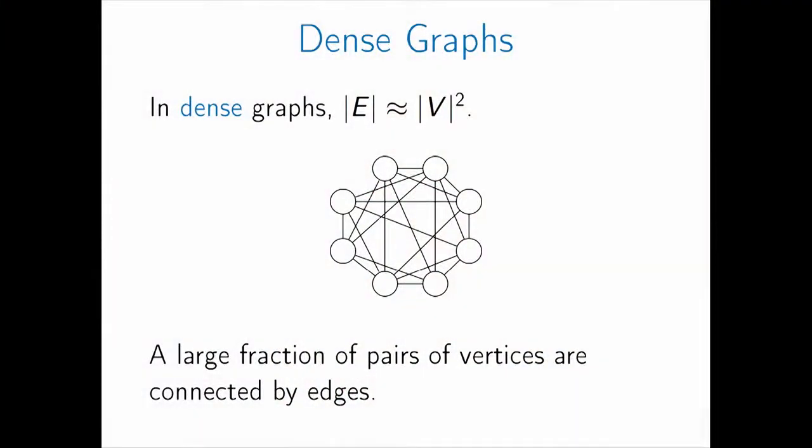In terms of density, there are two extremes to consider. On the one hand, you have dense graphs. Here, the number of edges is roughly proportional to the square of the number of vertices, meaning that almost every pair of vertices, or some large fraction of the pairs of vertices, actually have edges between them. If you're a band going on tour and want to plot a route between a bunch of cities, there is actually some transportation option that will get you between basically any pair of cities on the map.